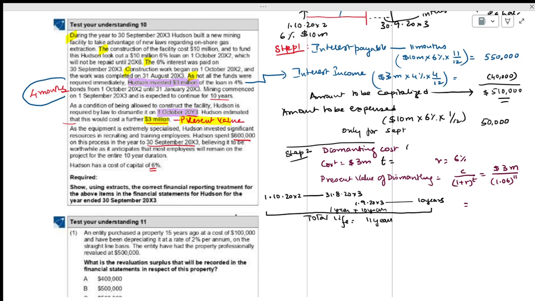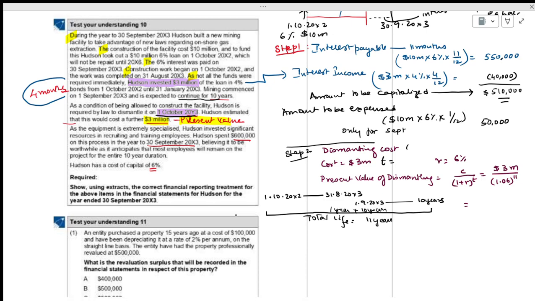It says very clearly, as a condition of being allowed the construction facility, you are required to dismantle by 1st October 2003. But the project life is going to continue for the next 10 years. Means the total life is going to be how much?